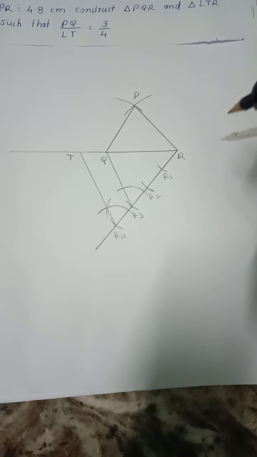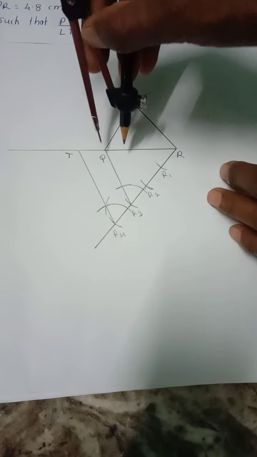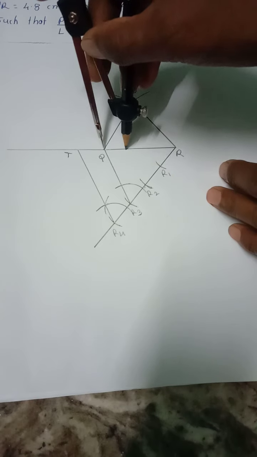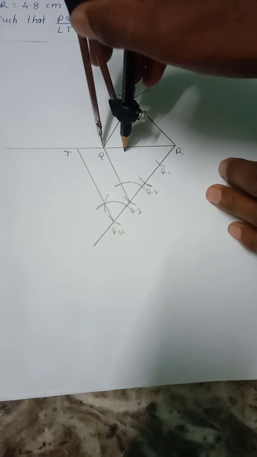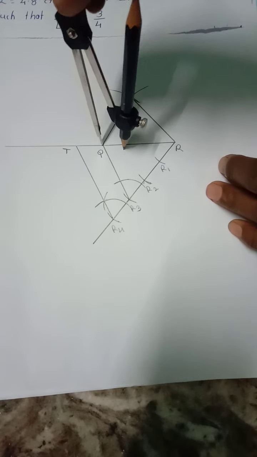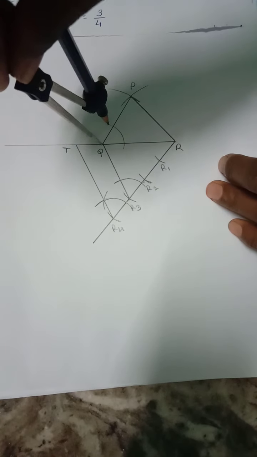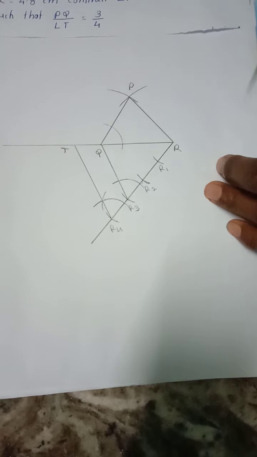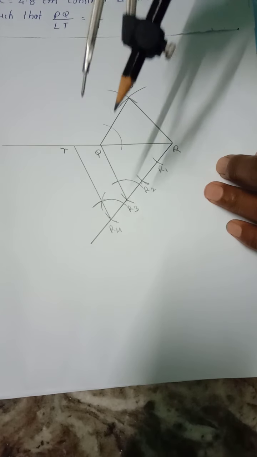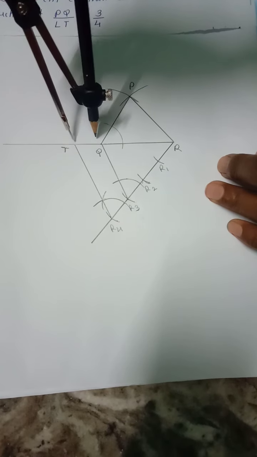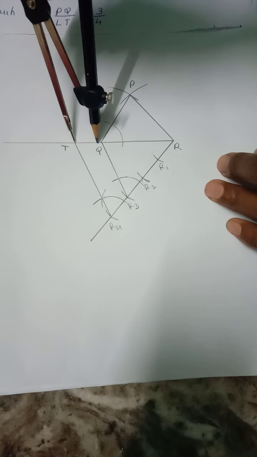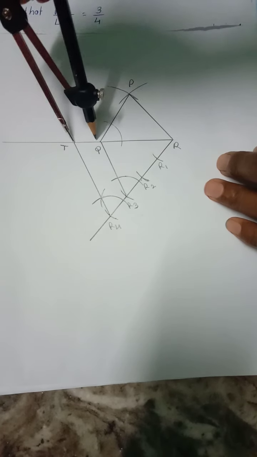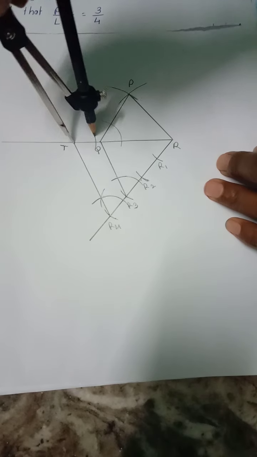Draw the arc from point Q. So keep your steel point on Q. Draw the arc. Again same from the point T. Keep your steel point on T and draw one arc.